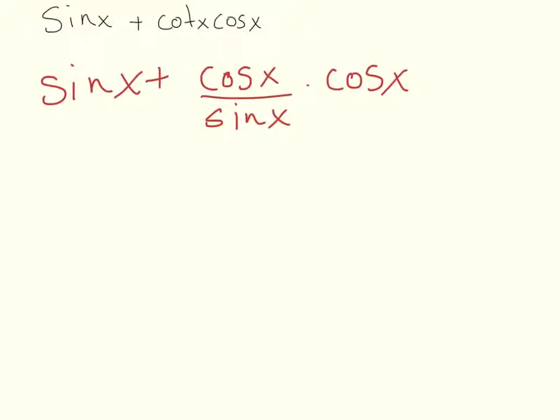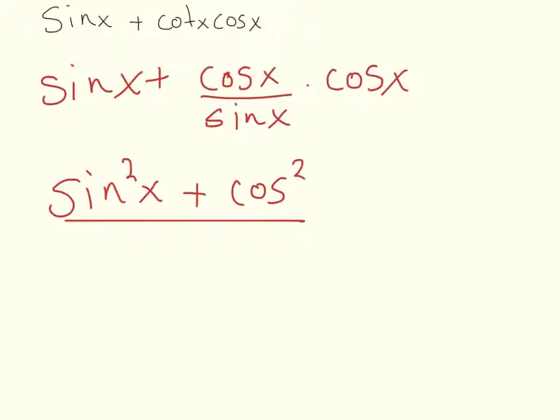Our common denominator will be sine x. To get the first term to have a denominator of sine x, we would make that sine squared x plus cosine squared x all over sine x. Now, where did the sine squared come from? To get that denominator of sine x, we had to multiply by sine x over sine x.